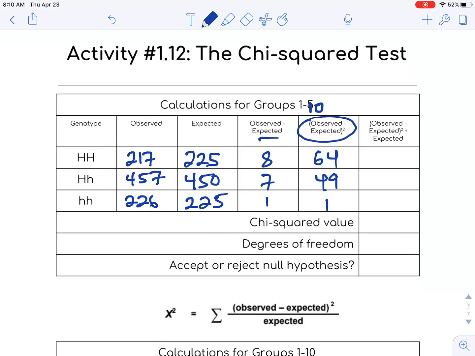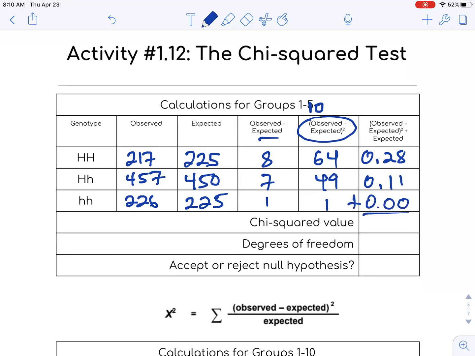So 64 divided by 225 is going to give me 0.28. And we have 49 divided by 450, 0.11 rounding up. And then we have 1 divided by 225. And that is, for our purposes, going to be a tiny little 0.